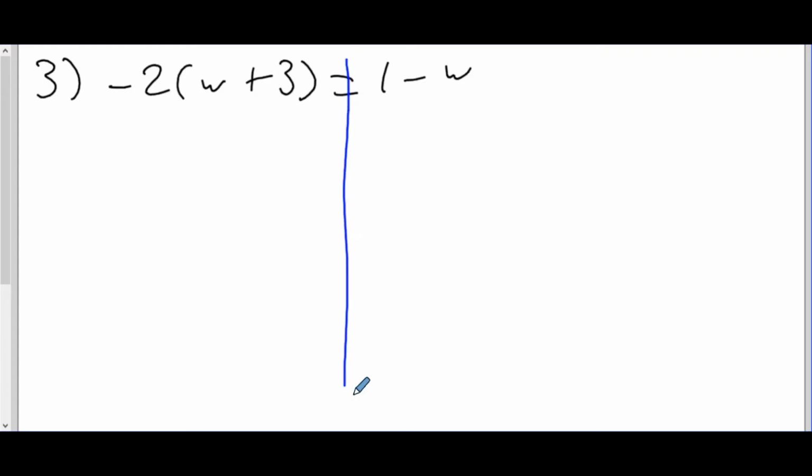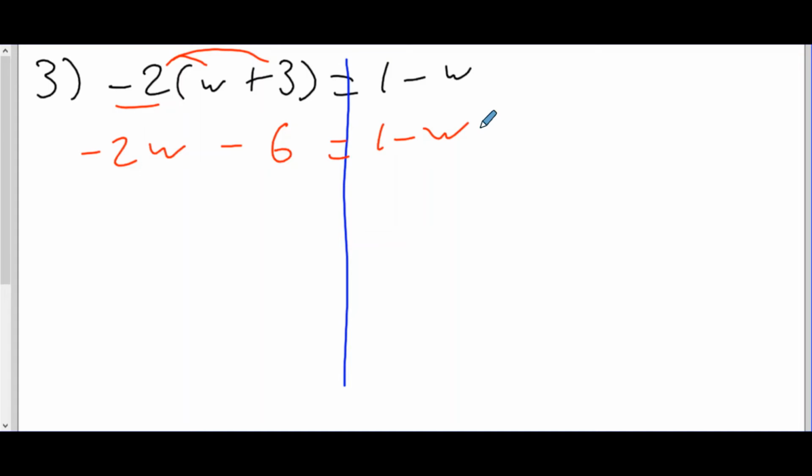Number 3 is negative 2 times w plus 3 equals 1 minus w. So this time I can distribute. We're distributing a negative 2. Negative 2 times w is a negative 2w, and negative 2 times 3 is negative 6, equals nothing to do on this side.